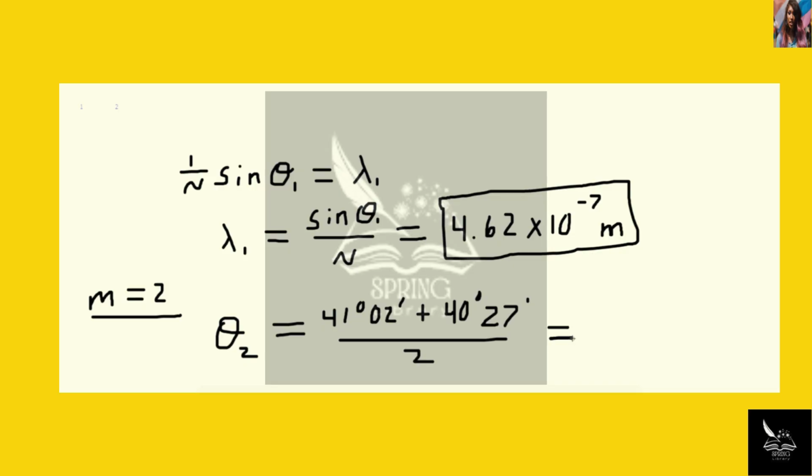Okay, so this ends up being 40 degrees and 45 arc minutes, where again, of course, it's out of 60. So now that we know that, we can solve for lambda 2.